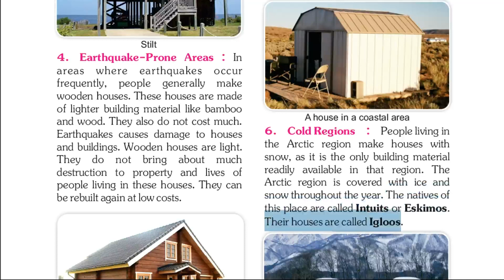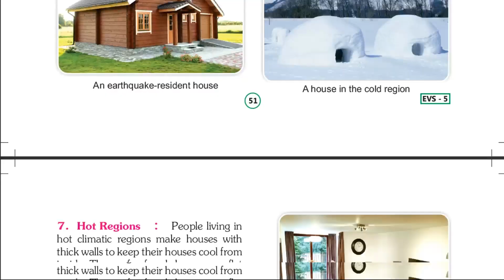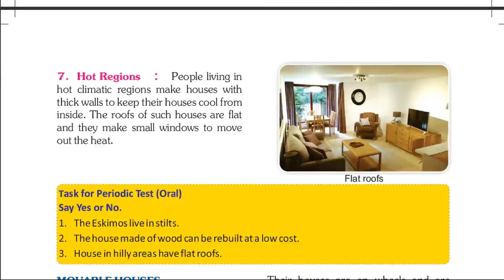Their houses are called igloos. Hot regions. People living in hot climatic regions make houses with thick walls to keep their houses cool from inside. The roofs of such houses are flat and they make small windows to move out the heat.